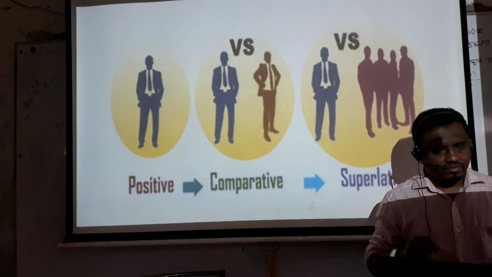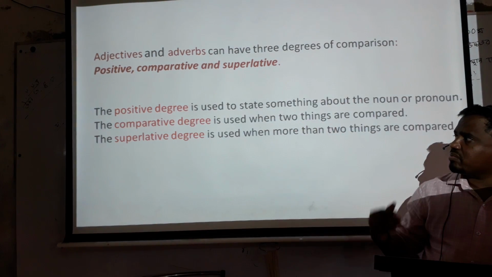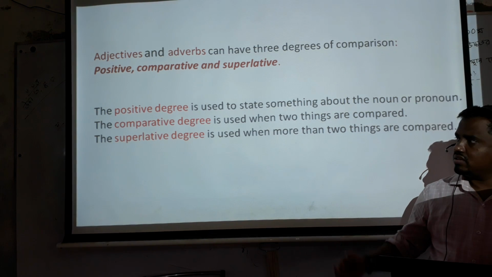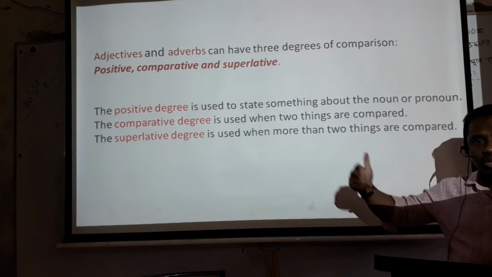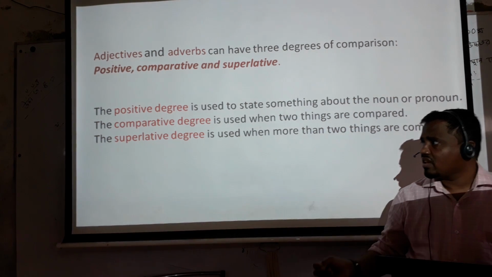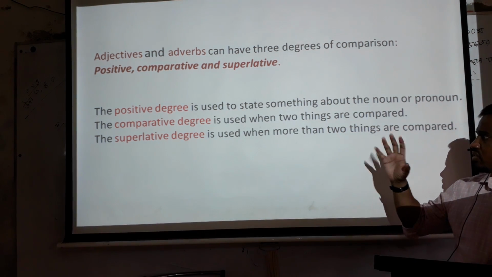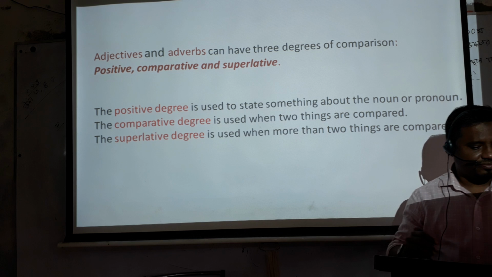Okay. Now let's move to the definition of these. The positive degree is used to state something about the noun or pronoun. The comparative degree is used when two things are compared, that we have seen in the previous picture. The superlative degree is used when more than two things are compared.